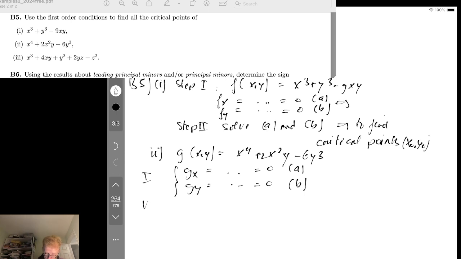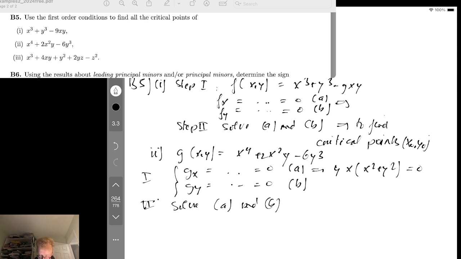And then step 2 is solve A and B. Now in this case, it's 4x squared plus y is 0. So that follows from A.